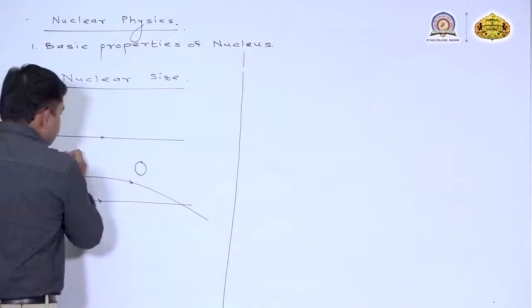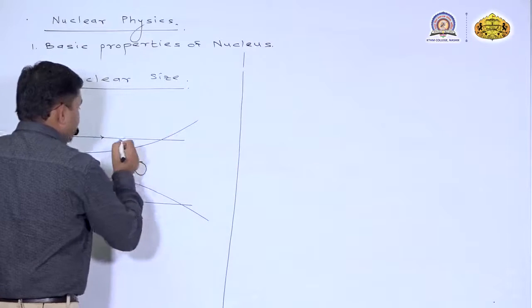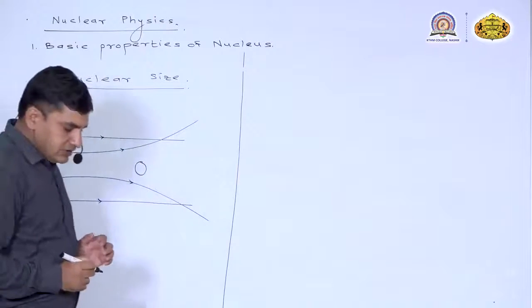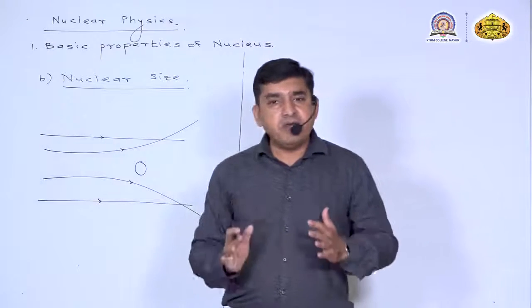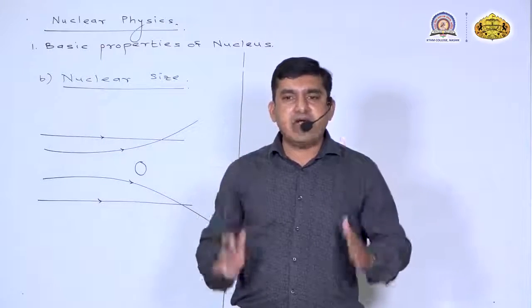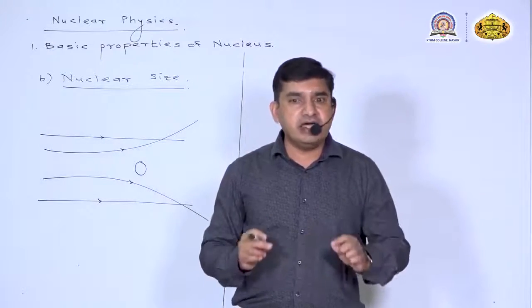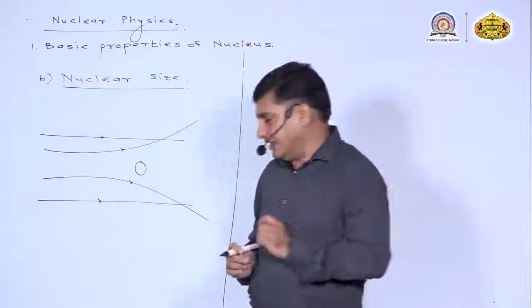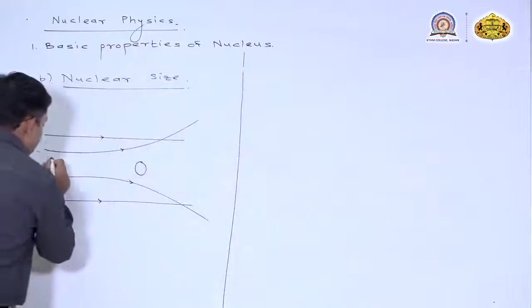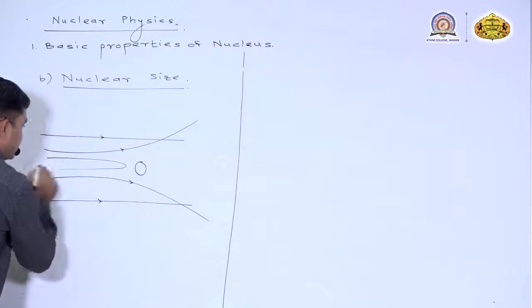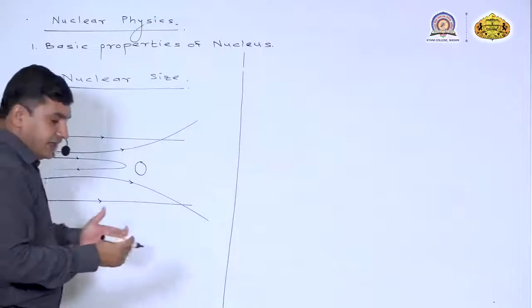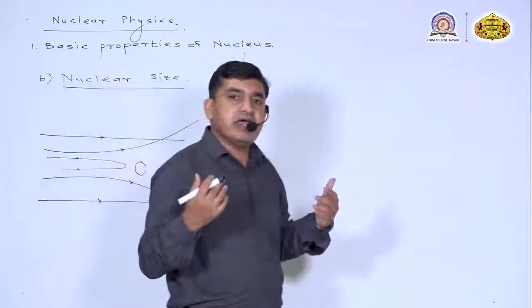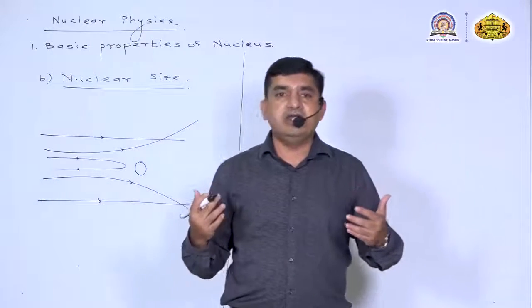Some alpha particles are deviated like this. But some alpha particles are completely reflected back through an angle of 180 degrees. So some alpha particles are reflected like this. They are completely reflected back through an angle of 180 degrees.